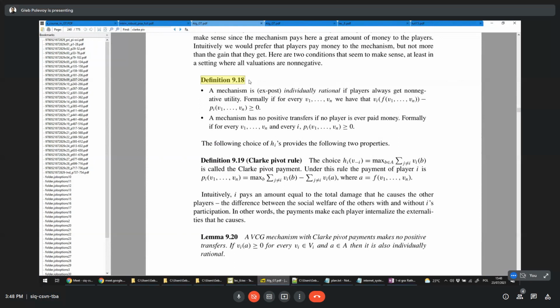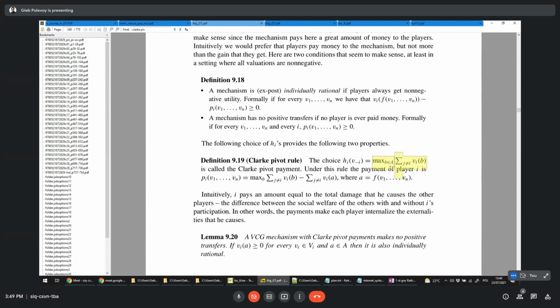So pay attention. The mechanism first maximizes the total utility according to the bids. Now this function is defined by maximizing the utility of all those besides player i. I hope you understand. If not, let me know.